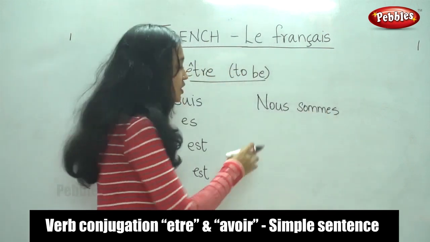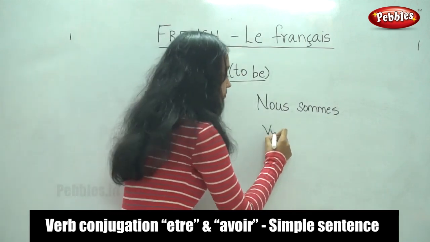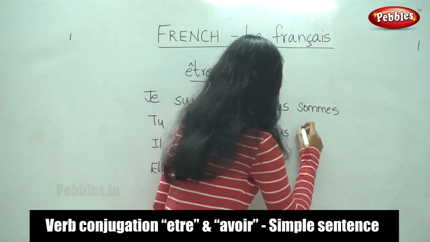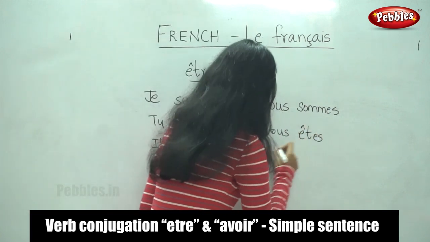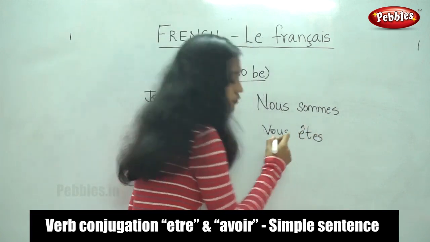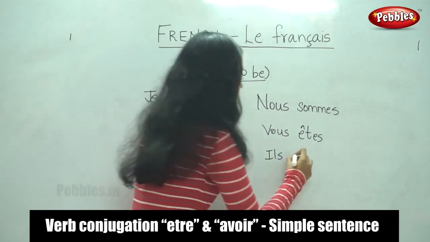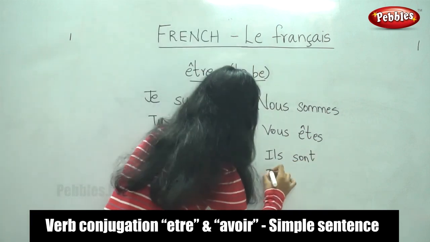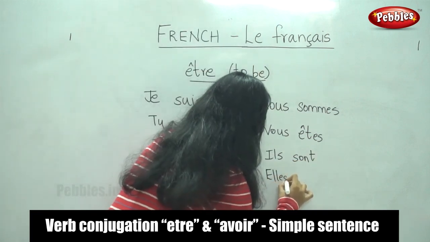Do you remember what was the conjugation for vous? Yes, it is vous êtes. For ils, it is ils sont. And for elles, it is elles sont.